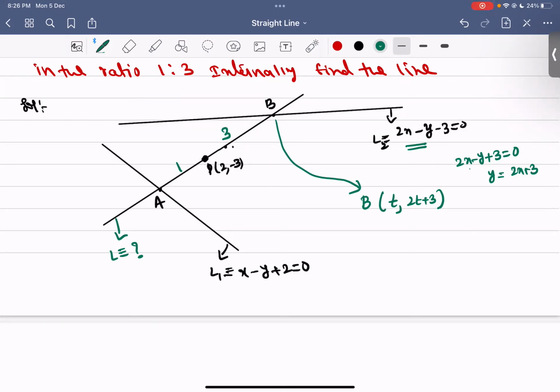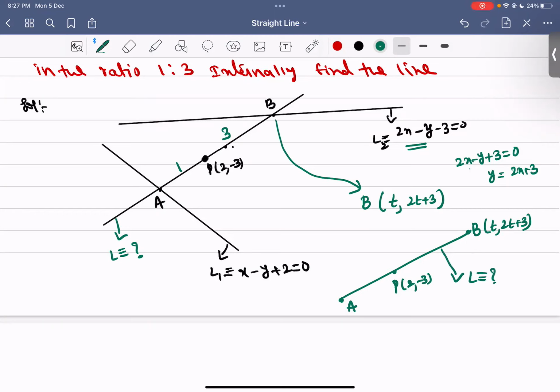So now this is AB. If you draw the diagram, this is A, this is the point P(2, -3), and this is B. B coordinates are (t, 2t + 3). This is given. So what is the question? We need to find this line equation, the AB line equation. Yes or no? That is our requirement.